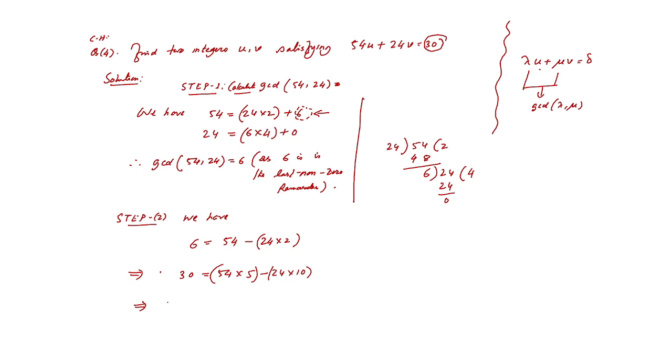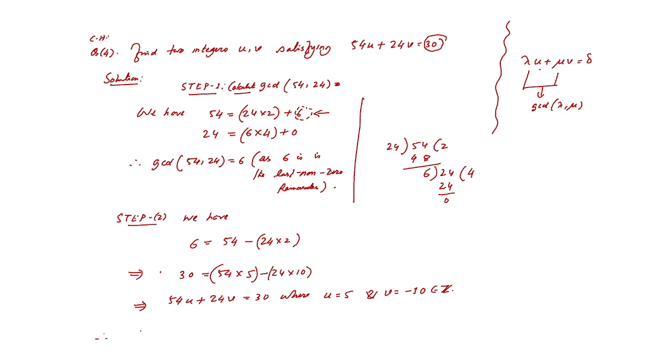So what we get here is 54u plus 24v equals 30. What is u? Where u equals 5 and v equals minus 10, and both are basically integers. So we have found the integers.